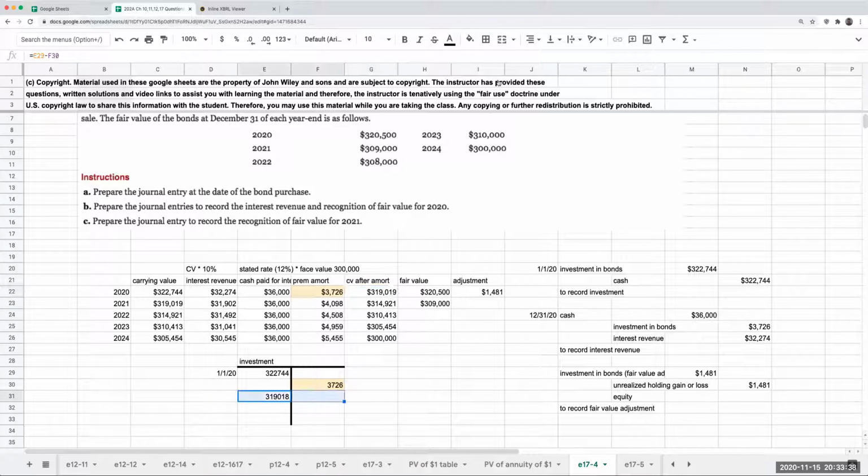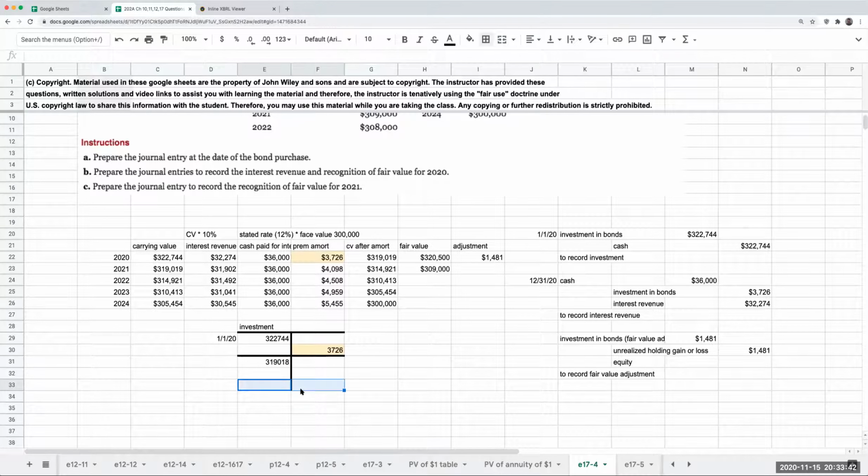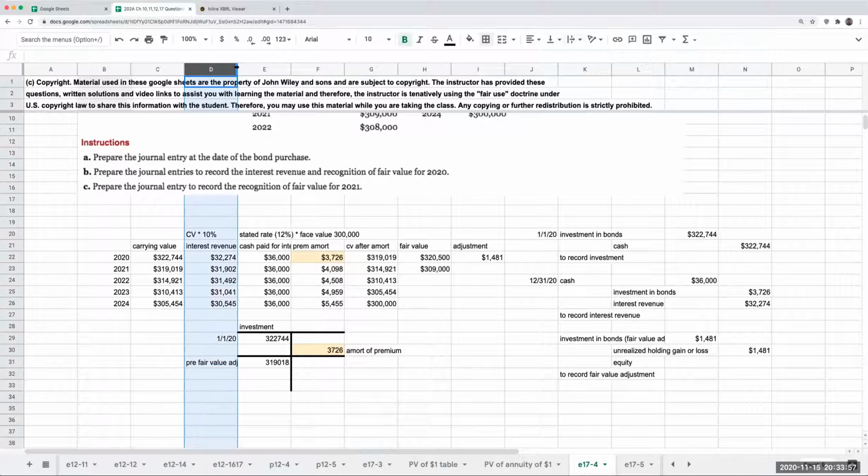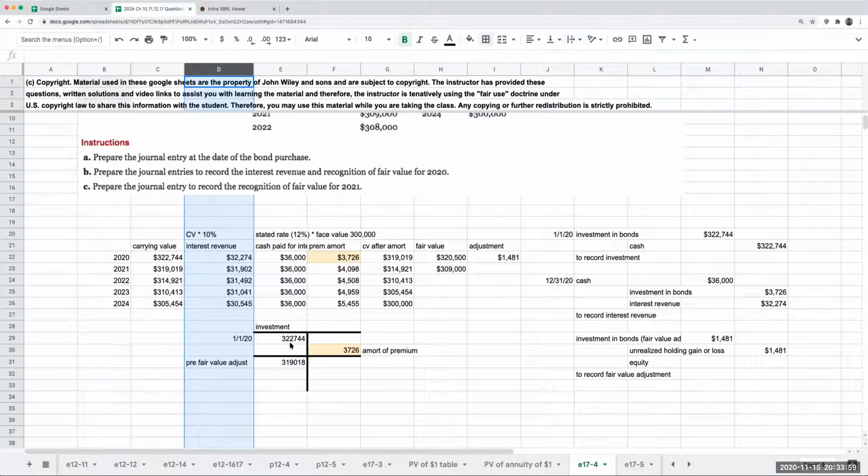But what I said to myself is, wait a second. This is my amortization, so my account pre-fair value adjustment is going to be 319.18.